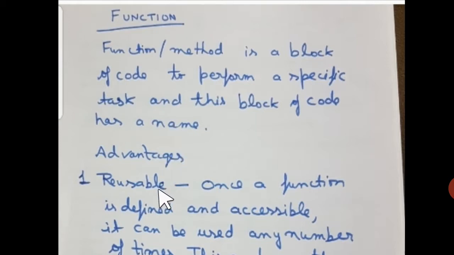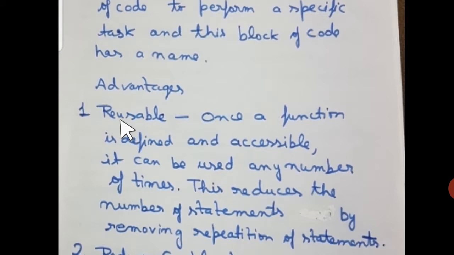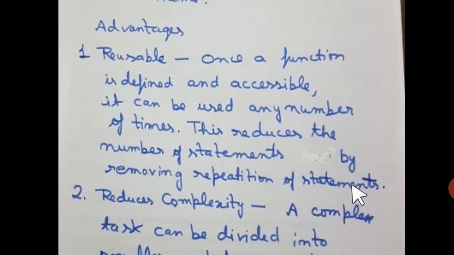All right, now advantages. First advantage, it is reusable. Reusability means something which we can use again and again. Once a function is defined and accessible, it can be used any number of times. It reduces the number of statements by removing repetition of statements. Suppose you have a function to calculate the factorial, and in your program 5 times you have to calculate factorial.